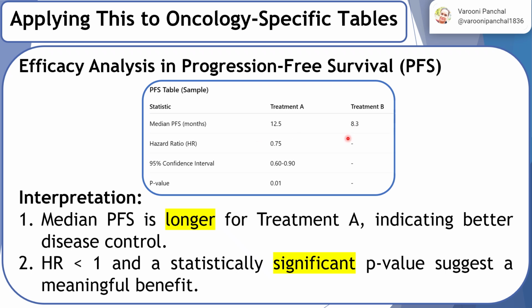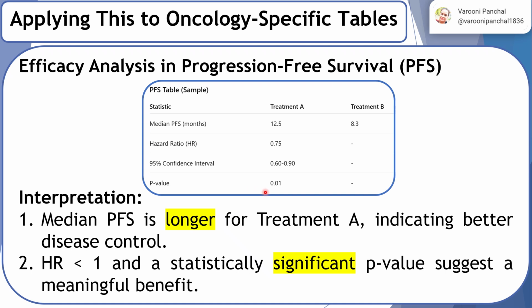Which is far better? Obviously 12.5. Why? Because the median progression free survival is longer for treatment A, indicating better disease control. So if I'm consuming treatment A, my median survival chances have increased to 12.5, which is longer as compared to treatment B, right?